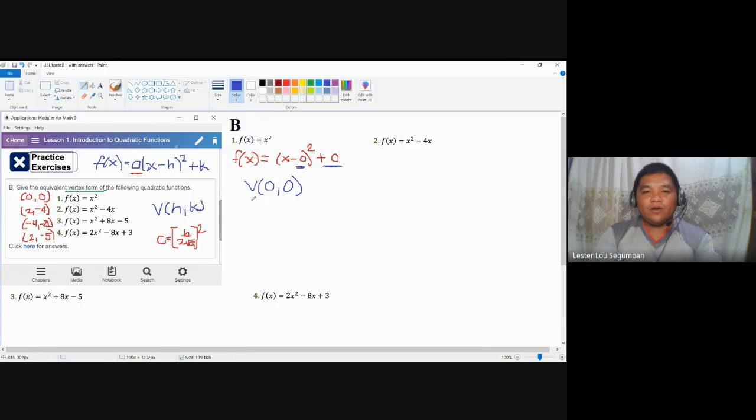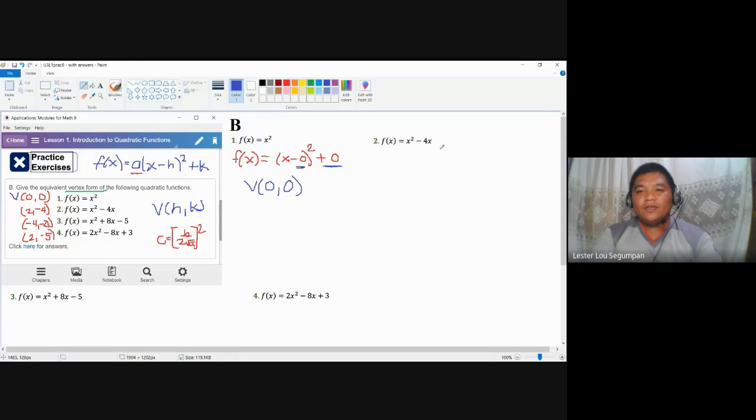Using the vertex form, we have the same vertex as solved in the previous example. Again, I would just like to emphasize, in number 1, since we don't have any b or c coefficients, we cannot use completing the square, but we may express it in this form just to emphasize that the vertex is (0, 0).